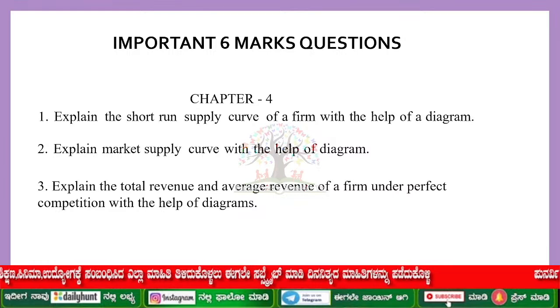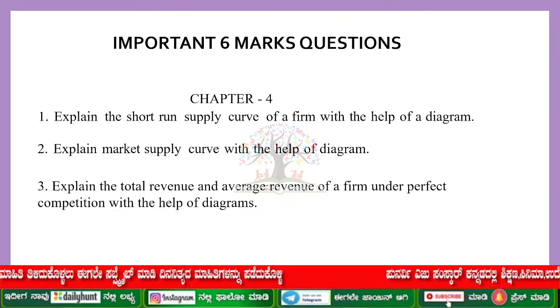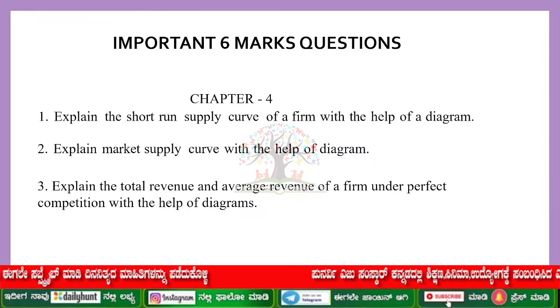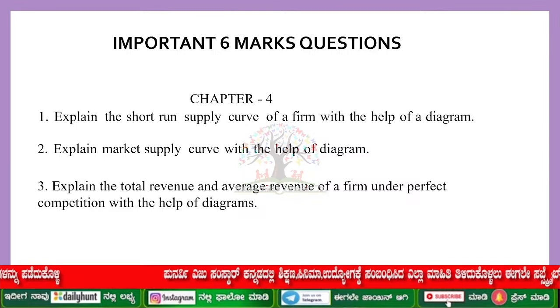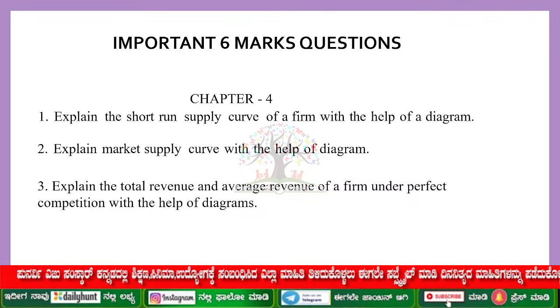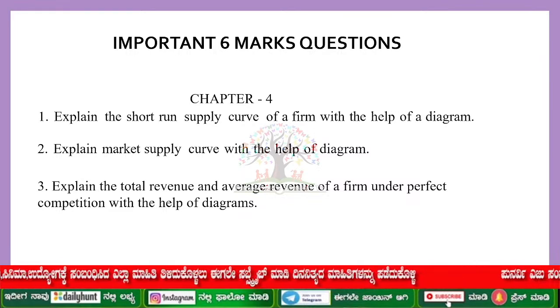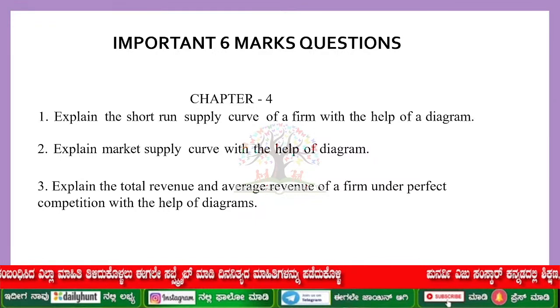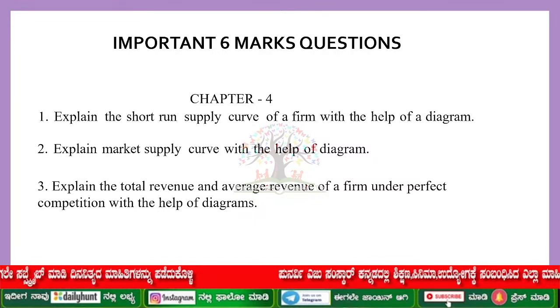Dear students, from microeconomics 4th chapter, you can expect one 6-mark question. There are 3 important questions. From this chapter, that is theory of the firm under perfect competition: explain the short-run supply curve of a firm with the help of a diagram.